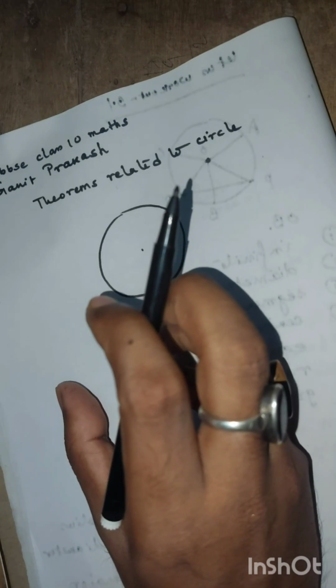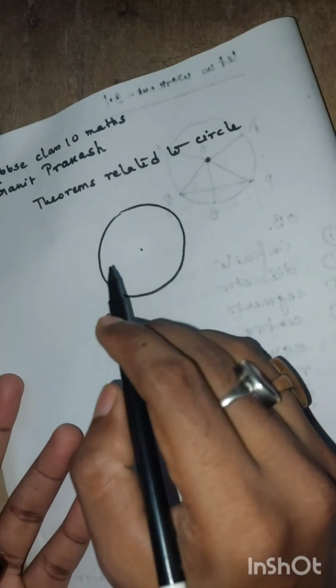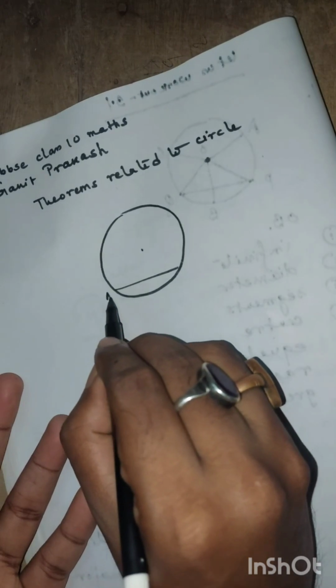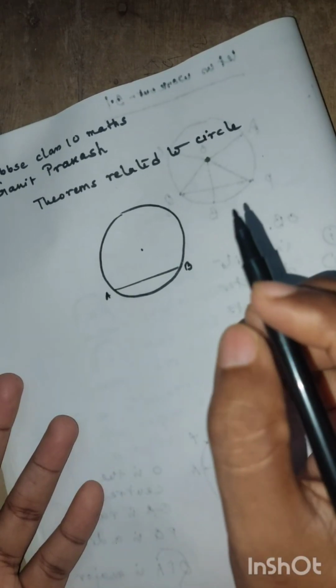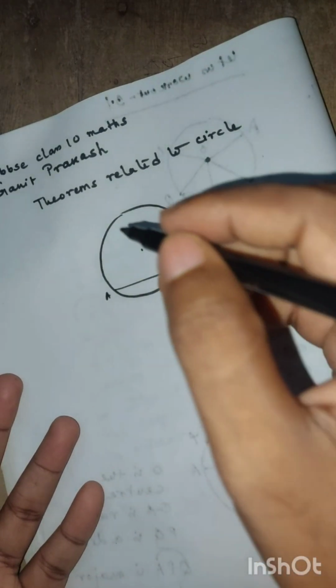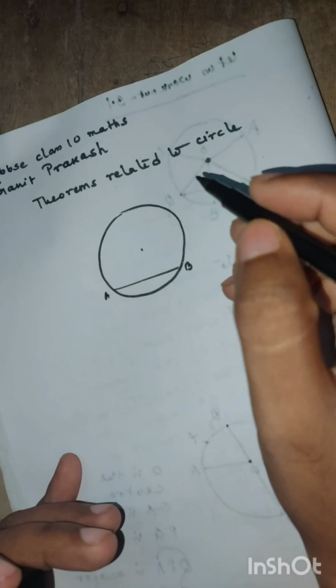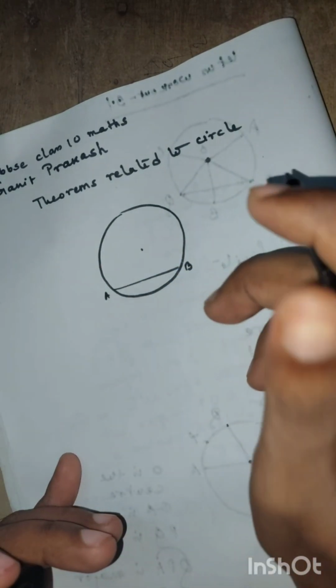This is a circle and this is an arc AB. This is a chord AB.